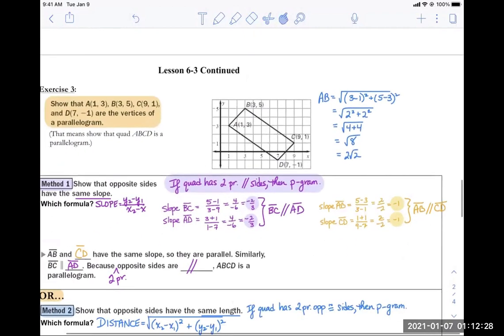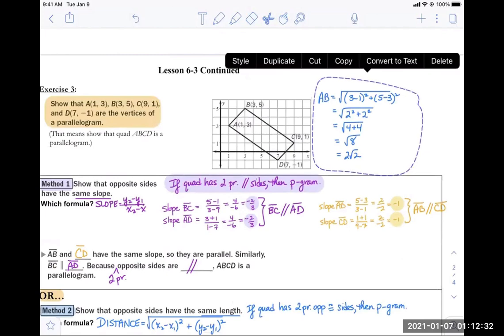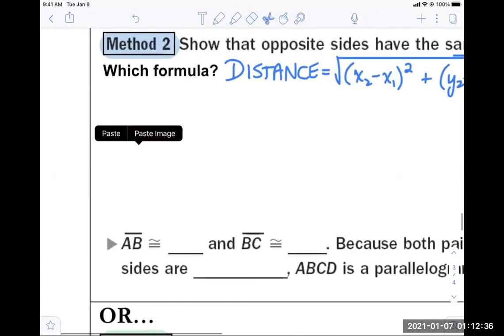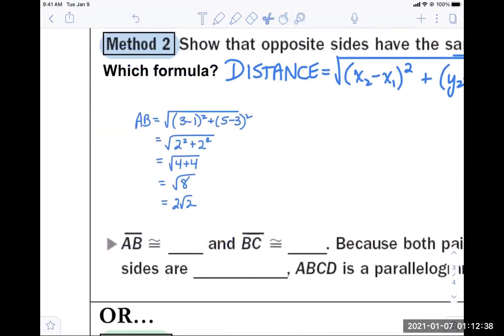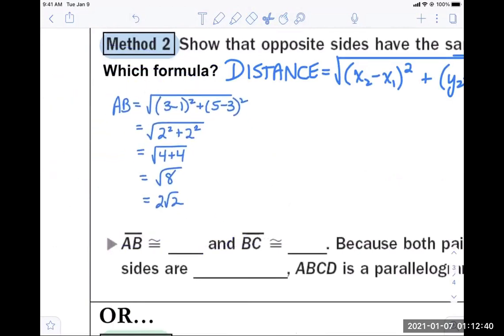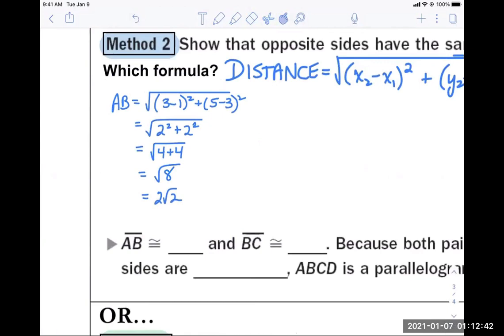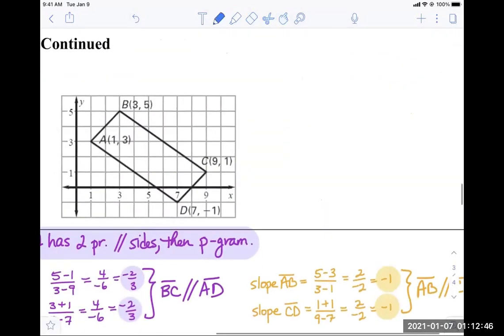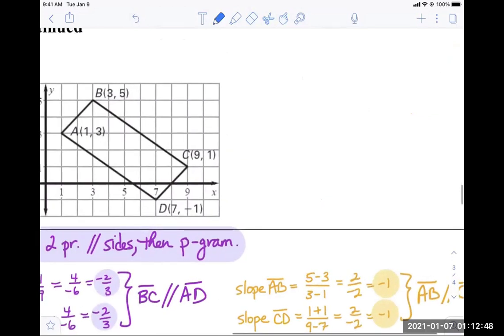Okay, so there's AB. Let's grab that and move that down below. This is so much nicer doing it on an iPad than on paper. I love we can adjust things well. Okay, so this was 2 root 2.